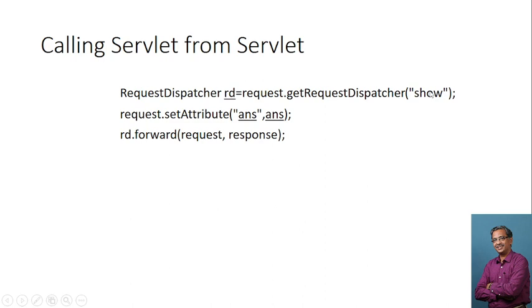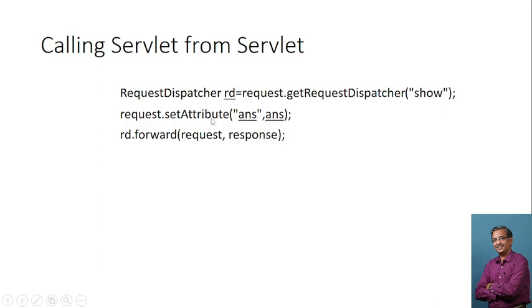Now if you want to transfer the data, there are different methods to transfer data between two servlets. The first method is we can set the attribute, and with the help of the attribute we can send the data. So this is the attribute name, answer, and then here we are sending the value. So this is the parameter name and this is the parameter value.